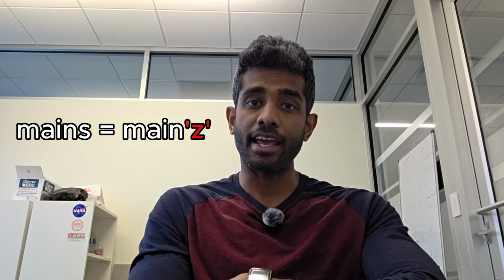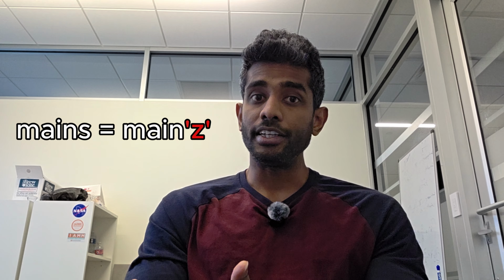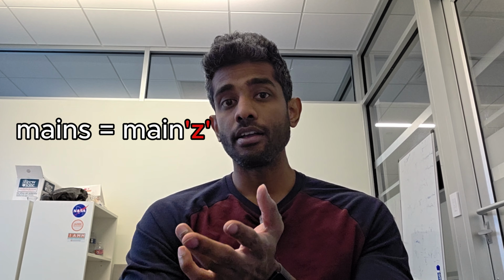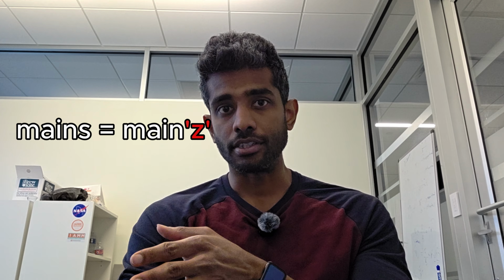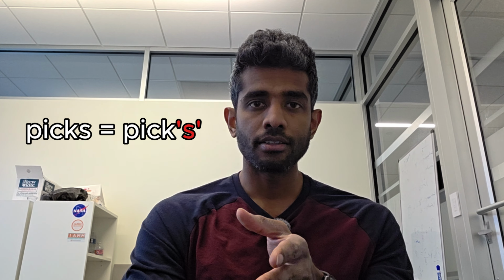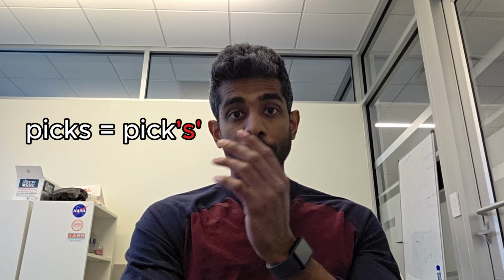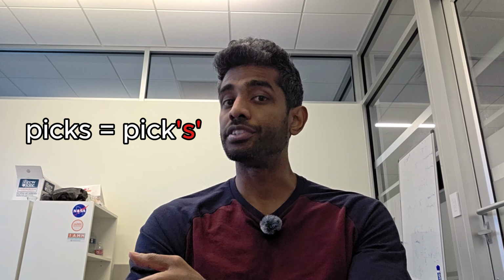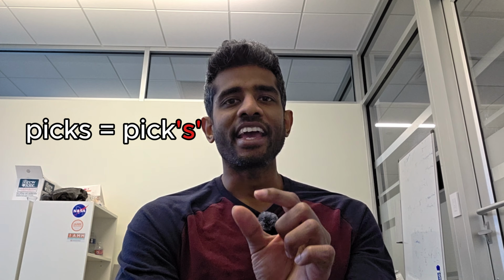And also for a word like main, which ends with N, N is also a voiced sound, so it becomes mains. The sound K is unvoiced. A word like pick, P-I-C-K, and when you add an S, it becomes picks, not "pickz", because K is unvoiced.